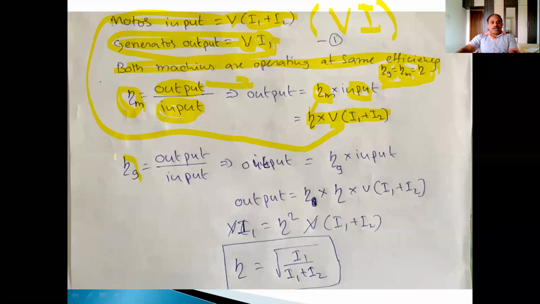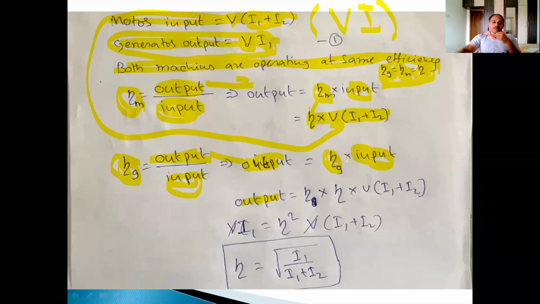Next, the generator efficiency equals generator output by generator input. So generator output equals generator efficiency into generator input, which is psi into the input to the generator. The output from the generator equals the input to the motor.